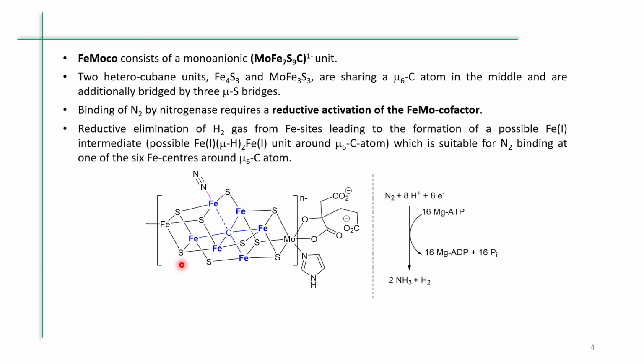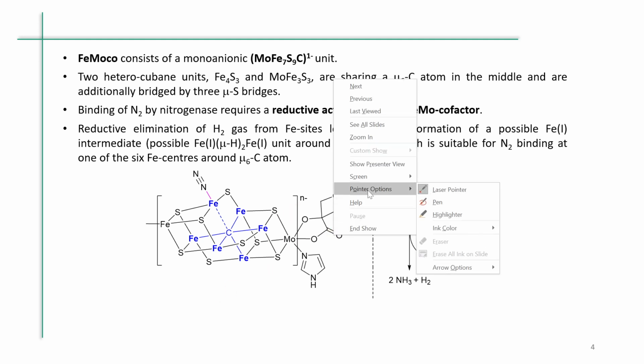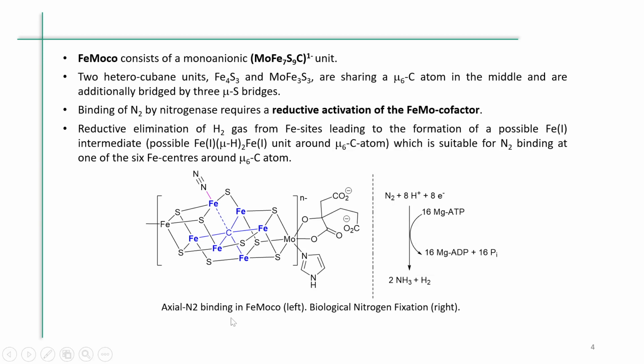This is one sulfur bridge, this is another, and this one is another. So 3 sulfur bridges and 1 carbido mu6 atom are linking the two heterocuban units. This is the active core structure of our iron molybdenum cofactor, and this is the biological nitrogen fixation process.